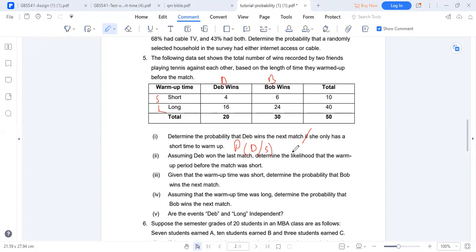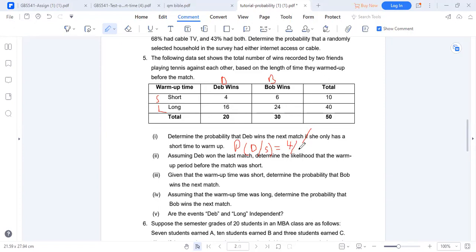I think it's probability of 4, where they meet at 4, correct? Given 20. Over 20?